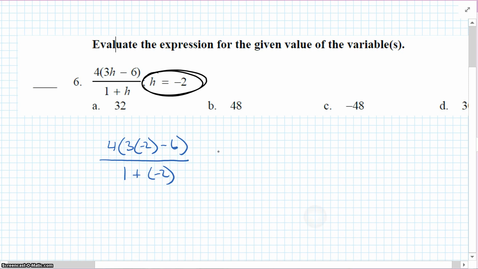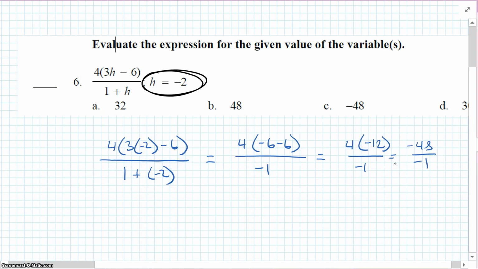So doing the order of operations, we can rewrite this as 4 times negative 6 minus 6 over 1 minus 2 is negative 1. So this is going to be 4 times negative 12 all over negative 1. So it's going to be negative 48 over negative 1, which should be just positive 48. Answer would be B.